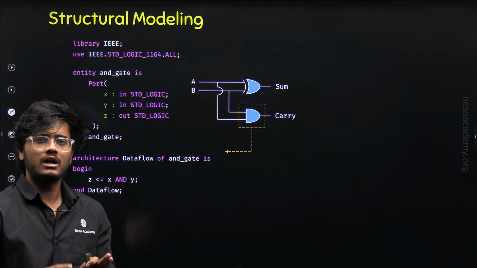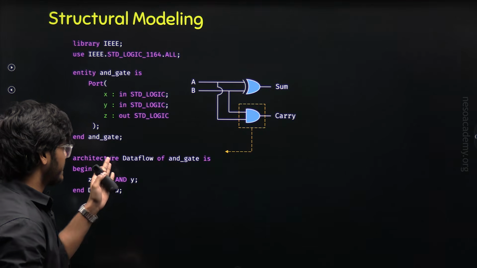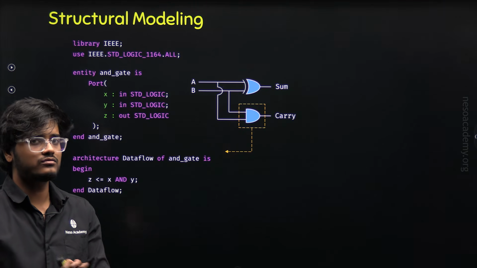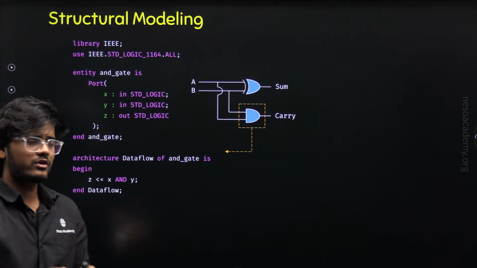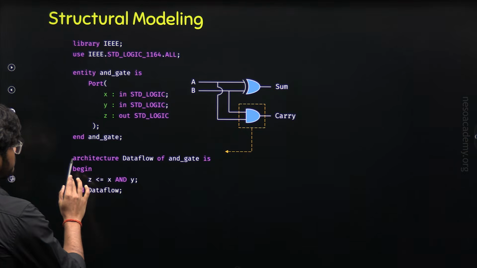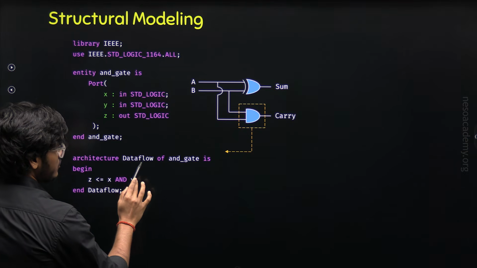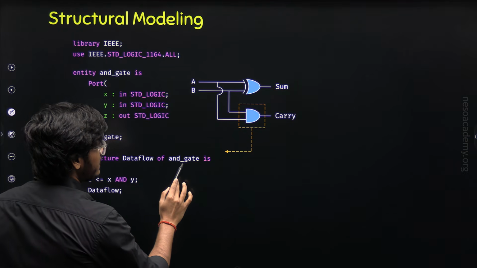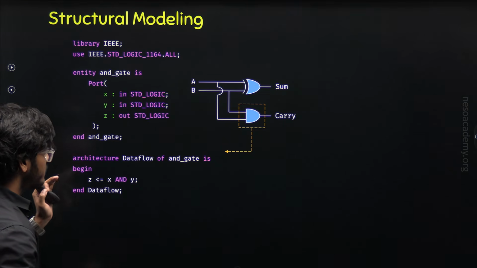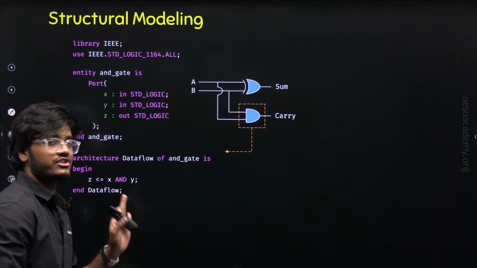Now don't worry, we will understand about this dataflow architecture in the next lecture on dataflow modeling. Now just focus on the code that I have written here. Architecture dataflow of entity AND_gate is. After the keyword begin, we will write the Boolean expression.